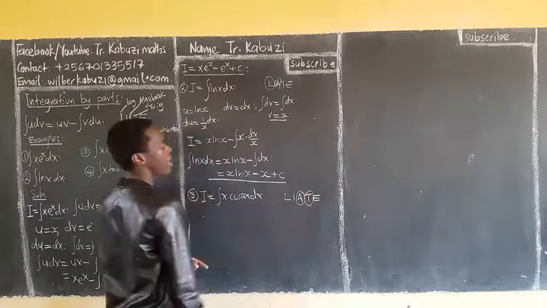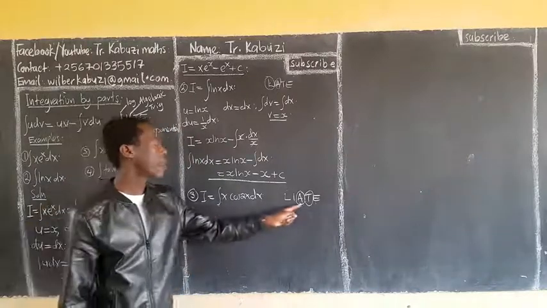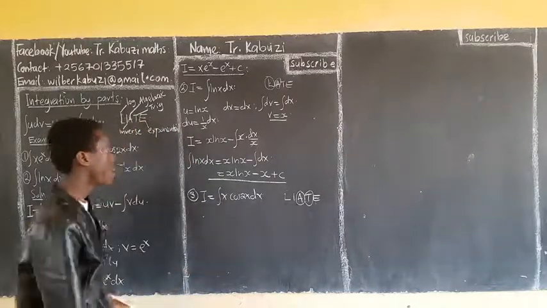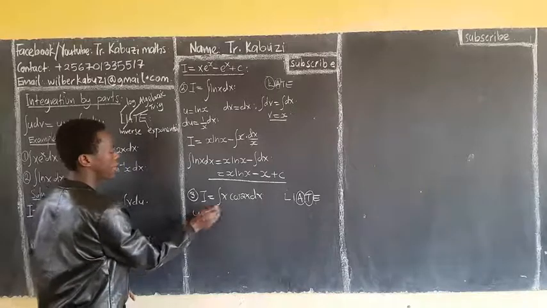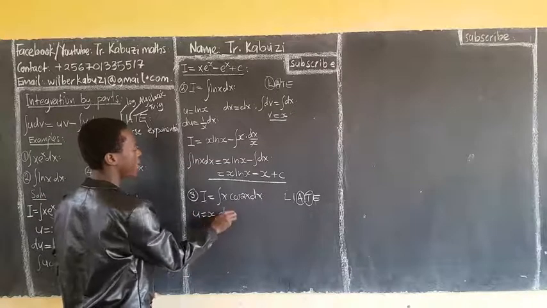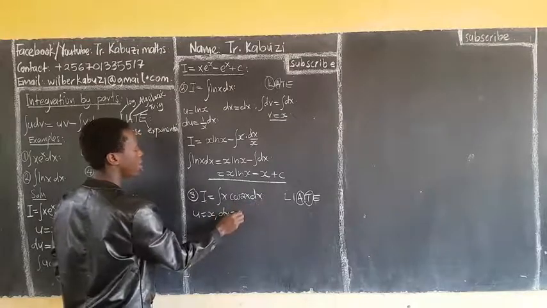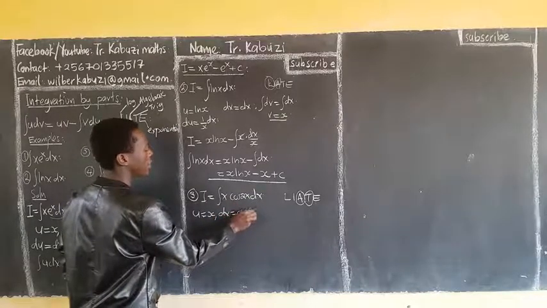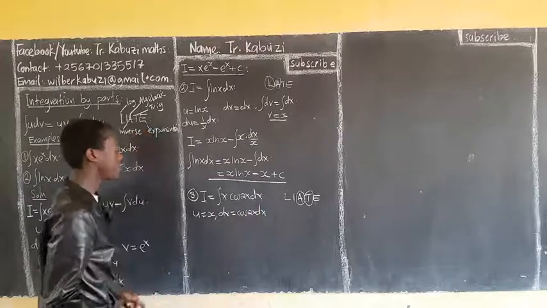So the algebraic comes first, so this one becomes my u. So now my u is going to be the algebraic function x, then the remaining thing is going to be my dv, cos 2x dx.